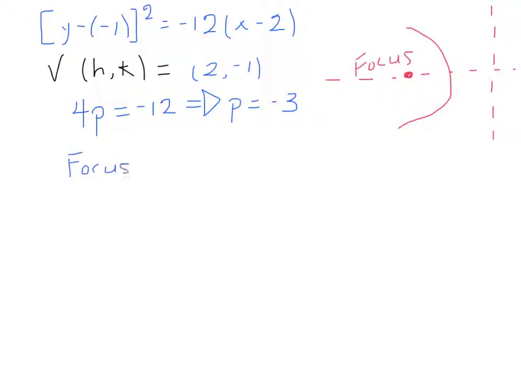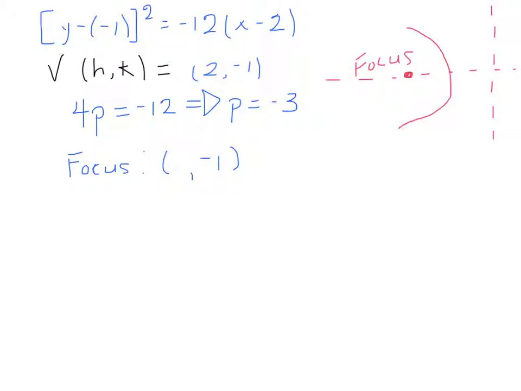Now, because the axis of symmetry is horizontal, that means that the focus will have the same y coordinate as the vertex. So we know that the focus has a y coordinate of -1. And keep in mind that the vertex was 2, -1.